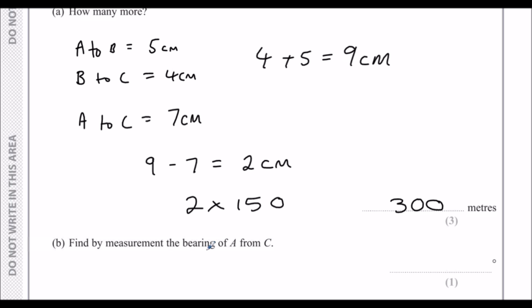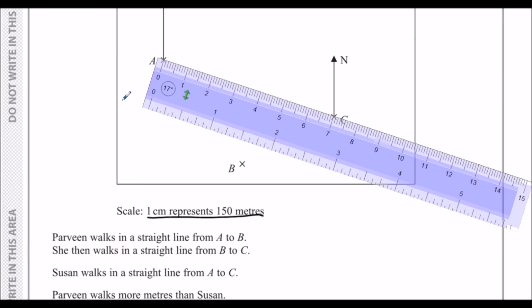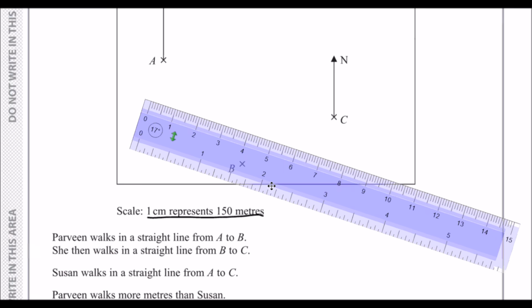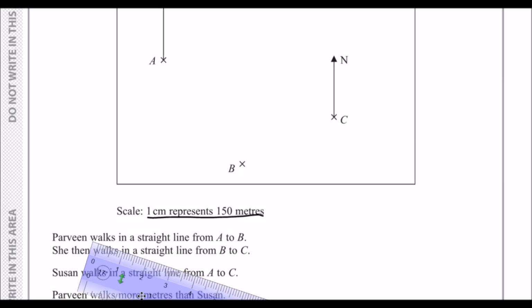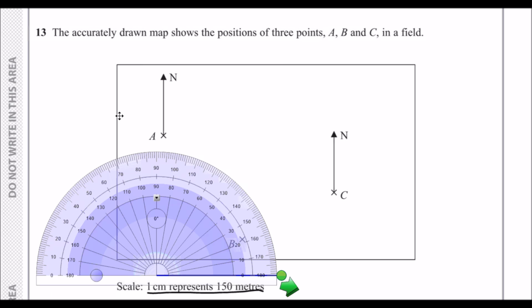Find by measurement the bearing of A from C. So the bearing of A from C means we're starting at C and we want to go to A. And with a bearing, we always measure it from north and we go clockwise.